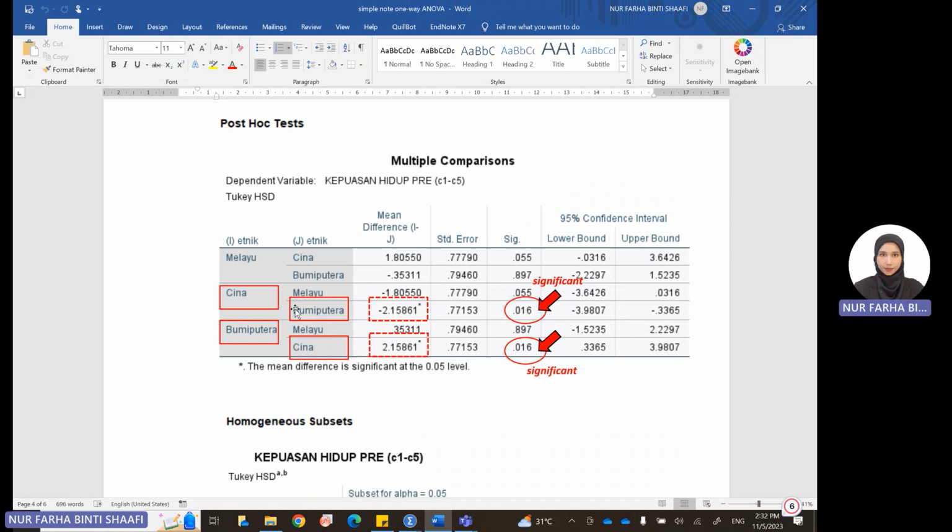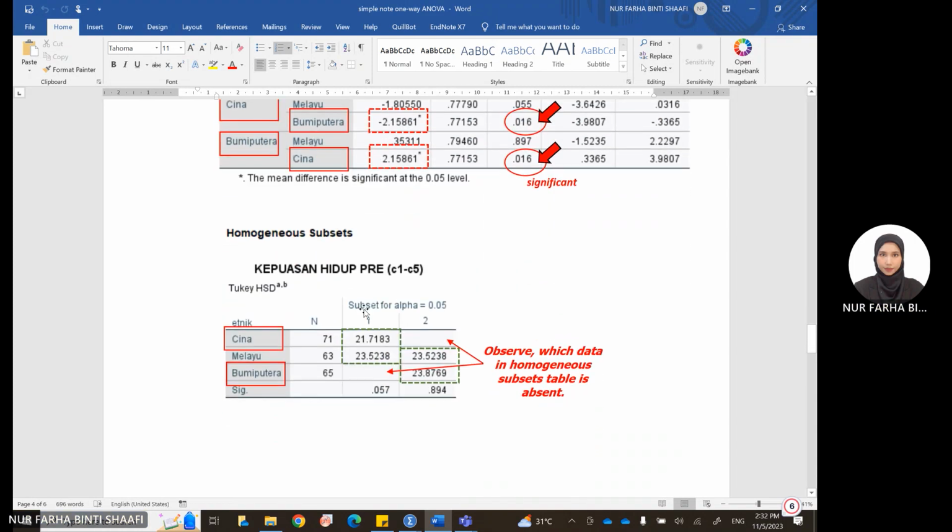Okay, so the next table, the last table here, it is actually the same. It just wants to state that if here 21.72 and 23.52 is more than 0.05, so it means there is no significant difference between the Chinese and Malay.